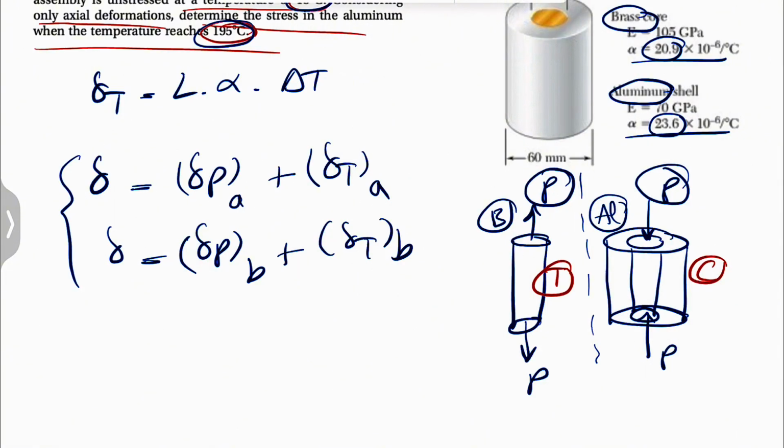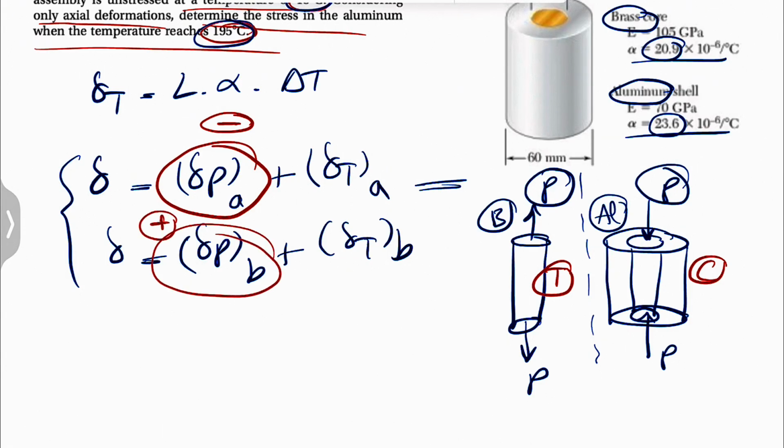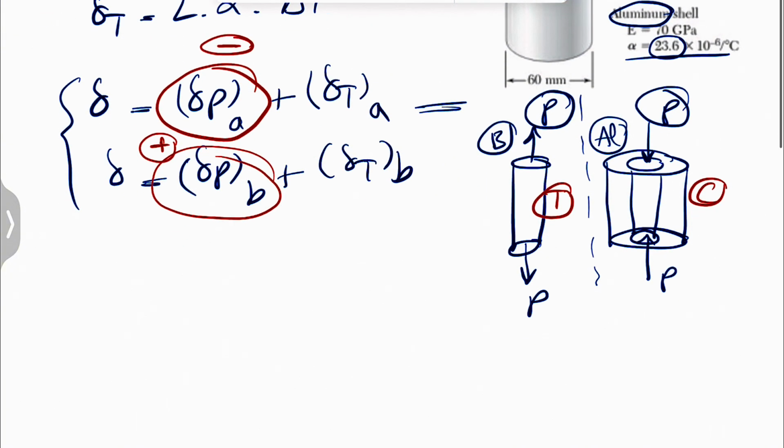So these two, as I said, have to be equal, and the difference between these two is that the aluminum is going to experience a negative elongation because it's in compression, and this value is going to be positive. So we just have to put these two equations equal to each other.